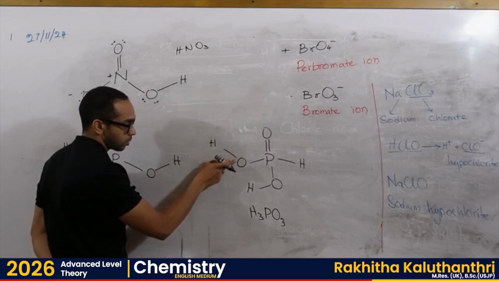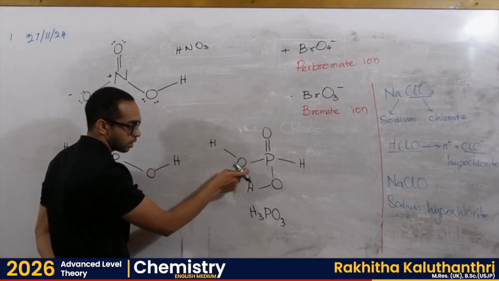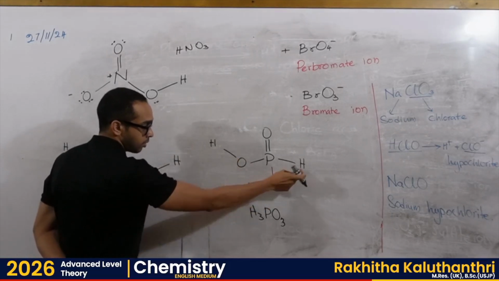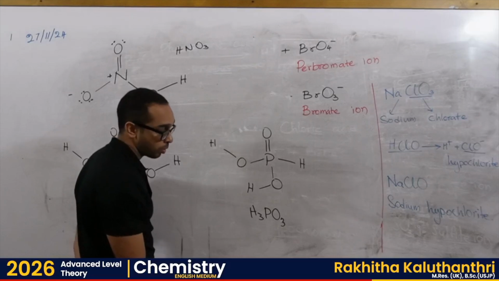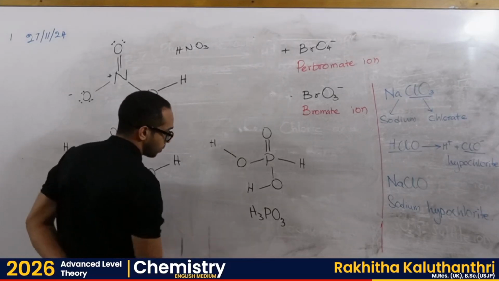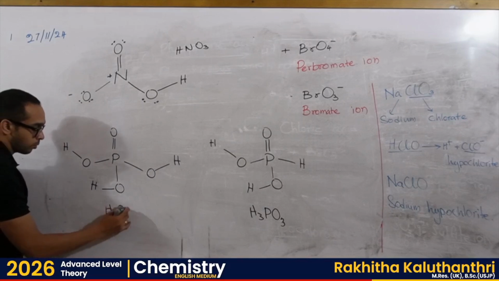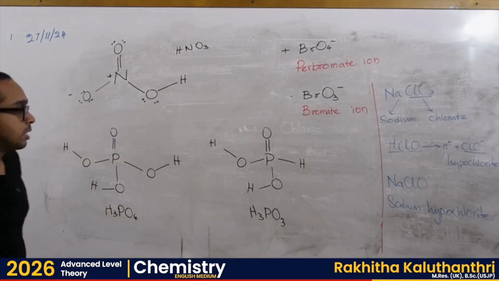The oxygen-hydrogen bonds break, H goes as H plus, and the bond electrons go to oxygen, so the oxygen becomes negatively charged, same here. This hydrogen can't leave because it is not bonded to oxygen. So this is H3PO3, this is H3PO4. Just see, when you ask questions only we discover these things.